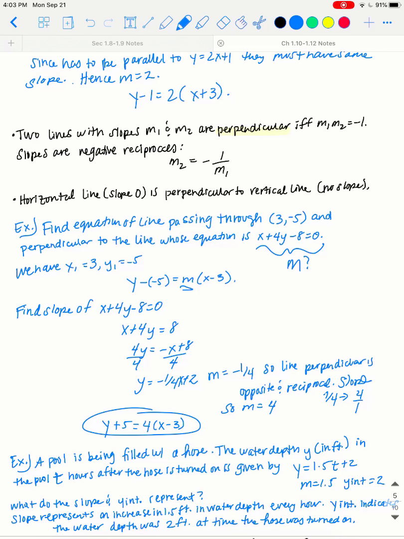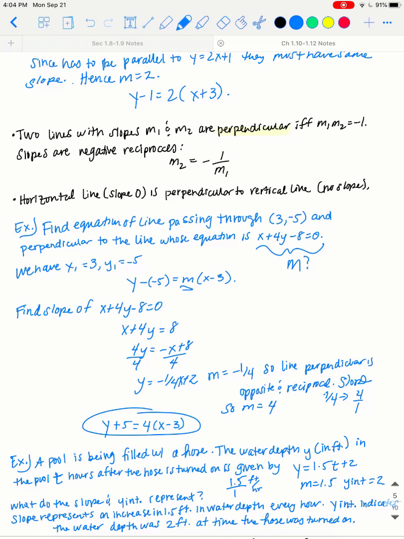So the slope represents an increase in 1.5 feet in water depth every hour because it's really 1.5 over 1. So the 1.5 is our increase in water depth in feet per hour, really. And then the y-intercept indicates the water depth was 2 feet at the time the hose was turned on.